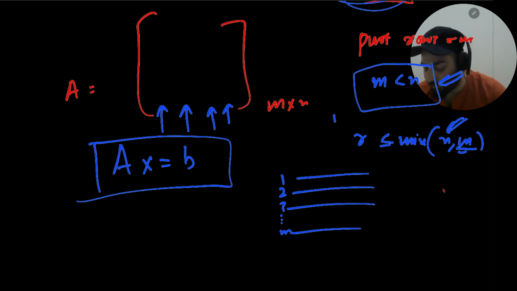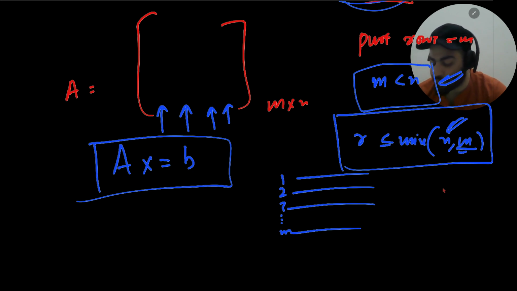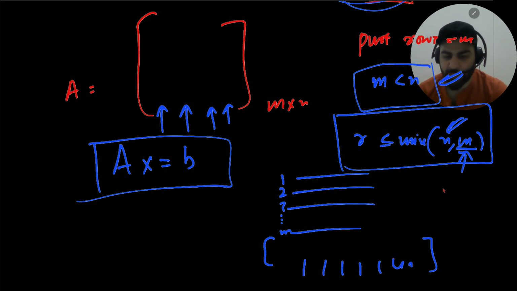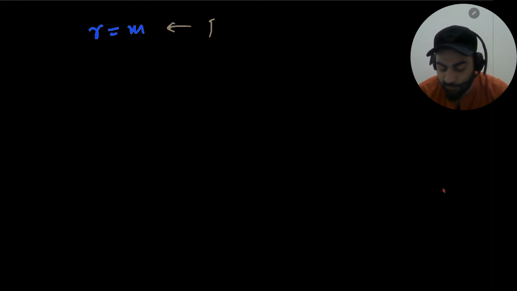M should be less than n because we established this fact, r is less than or equal to the minimum of n and m. So columns will be more. We'll have a fatter matrix with a lot of columns. In that case, if r is equal to m, we have what is called a full row rank matrix.